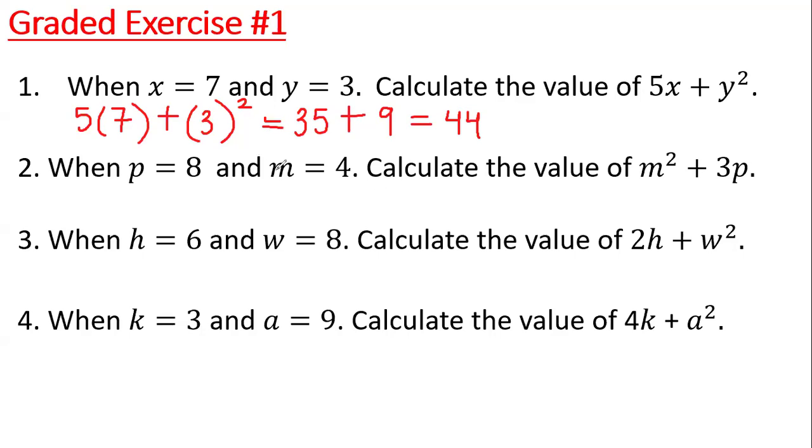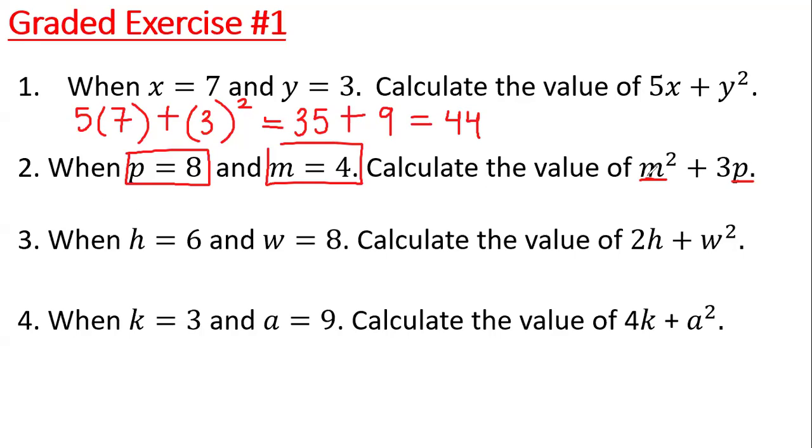Ivan, do you understand how to do number 2? No, sir. All right, so we have P equal to 8 and M equal to 4. If you notice carefully, we have M squared plus 3P. So wherever we see M, we're going to put what? 4. And wherever we see P, we're going to put what? 8. Good.